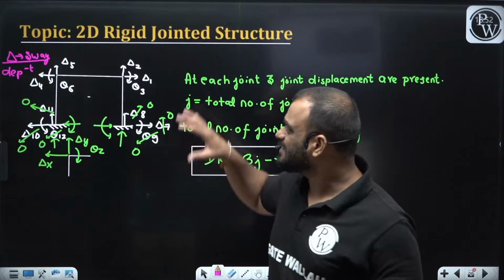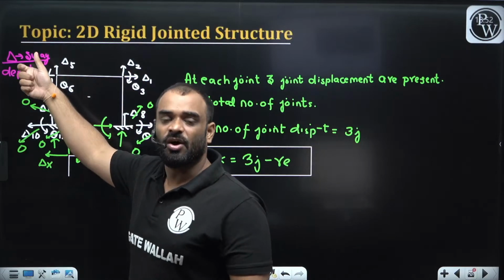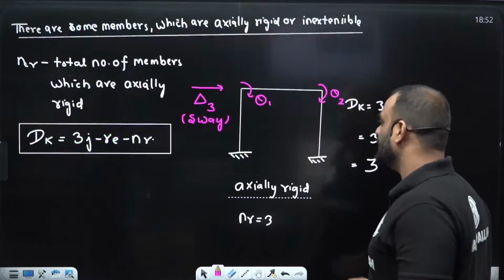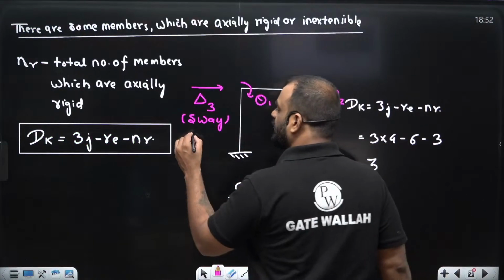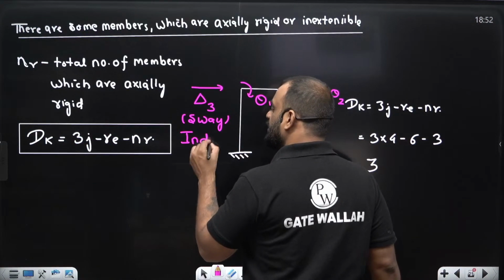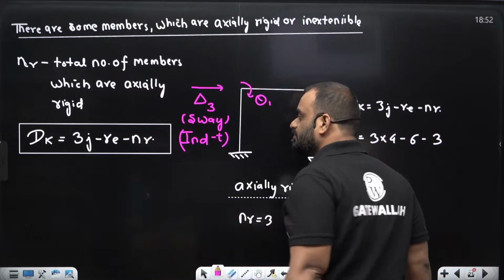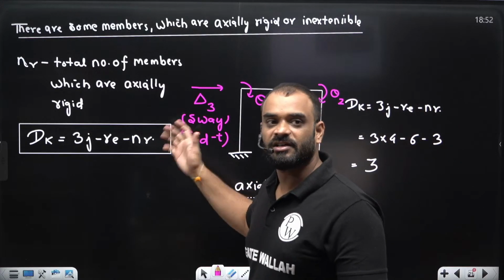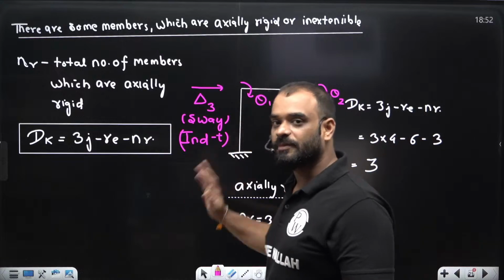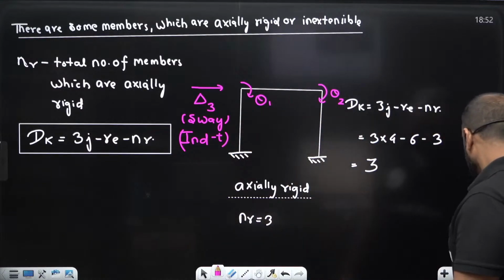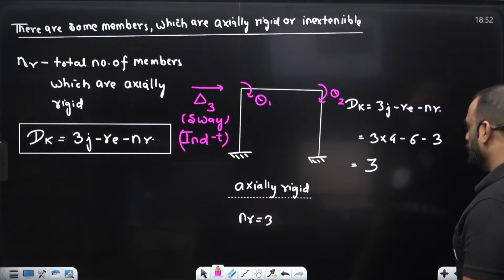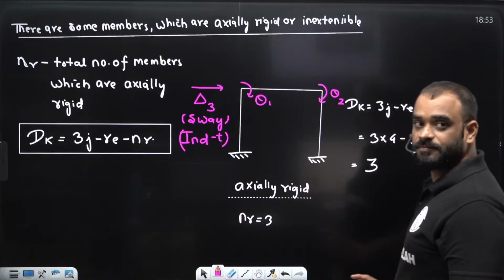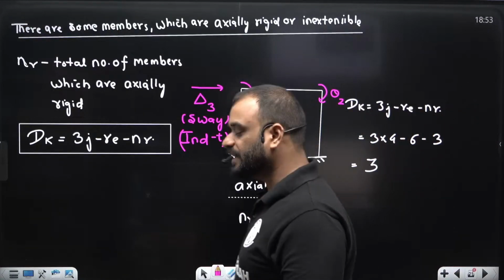That means in such condition, the sway value is dependent, but in the second condition, it is independent. That's why you need to consider it in this particular case. I hope you are able to understand this very well. Clear or not? Please write down, guys.